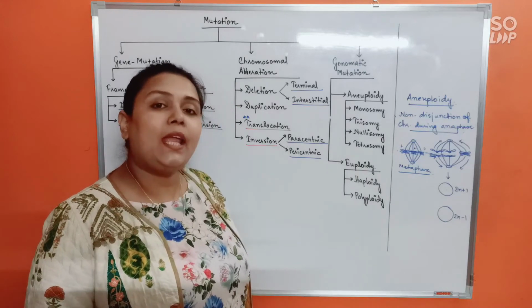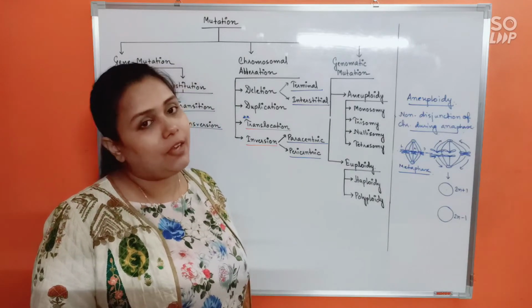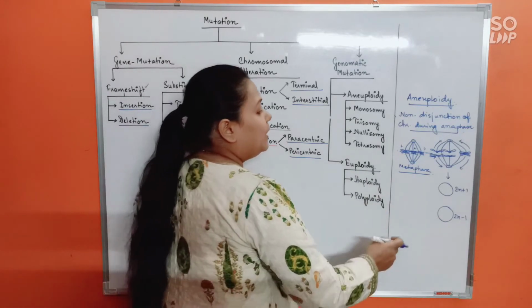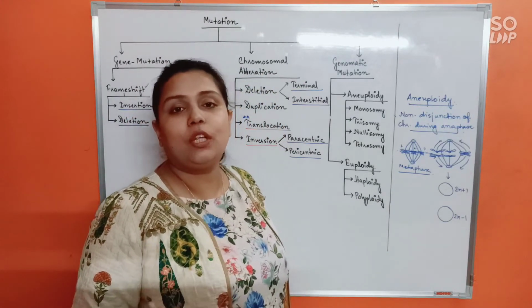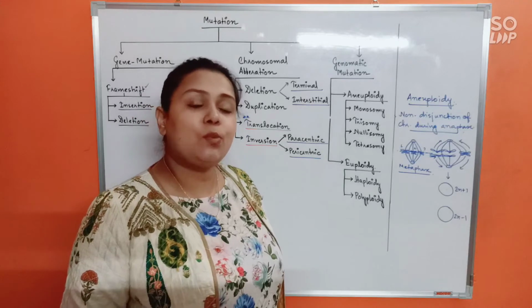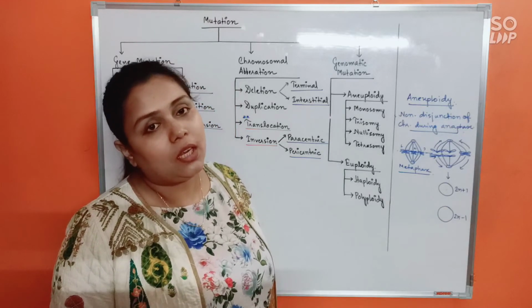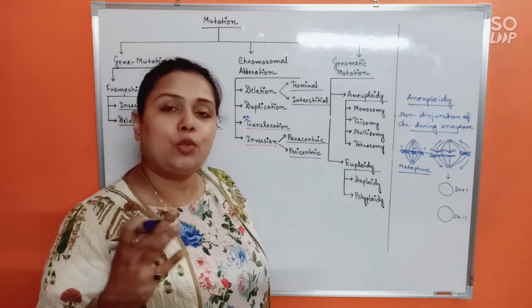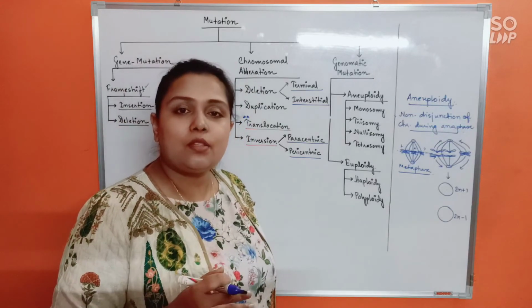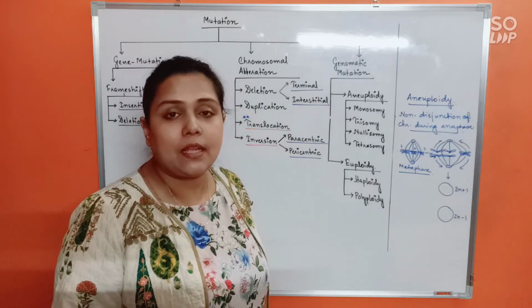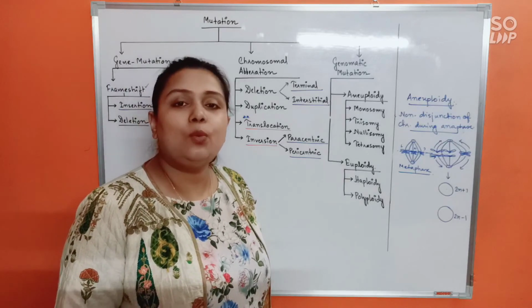Clear? That is why aneuploids are created. Instead of a diploid cell usually formed by mitosis, the cells formed will be 2n plus 1 or 2n minus 1. Likewise, 2n plus 2, 2n minus 2 conditions will arise, and that is what is called aneuploidy.